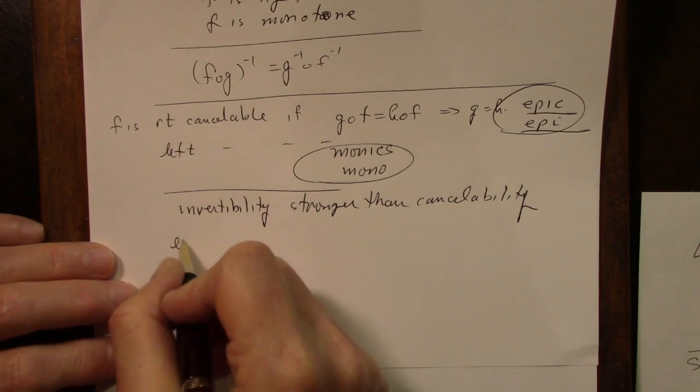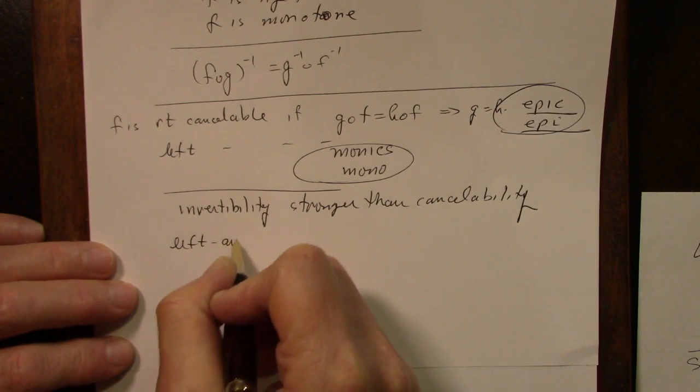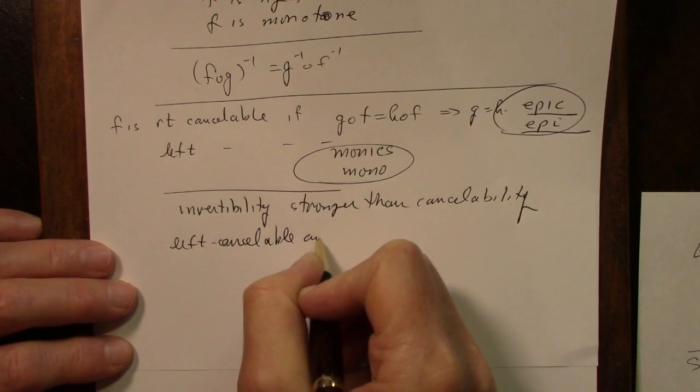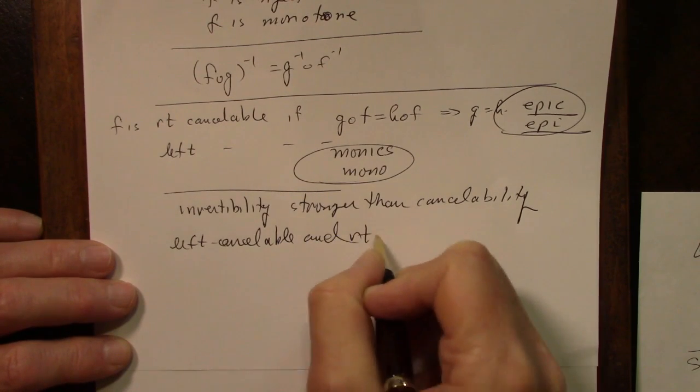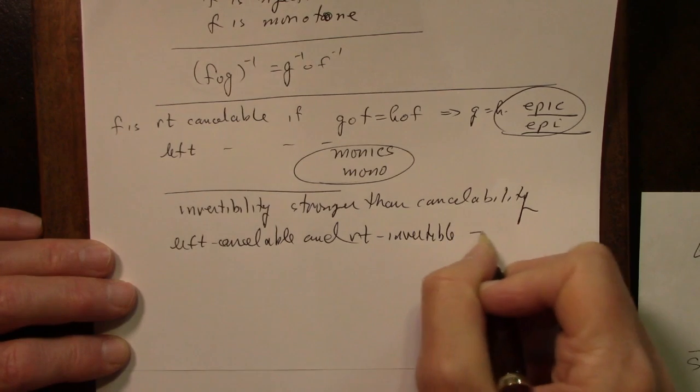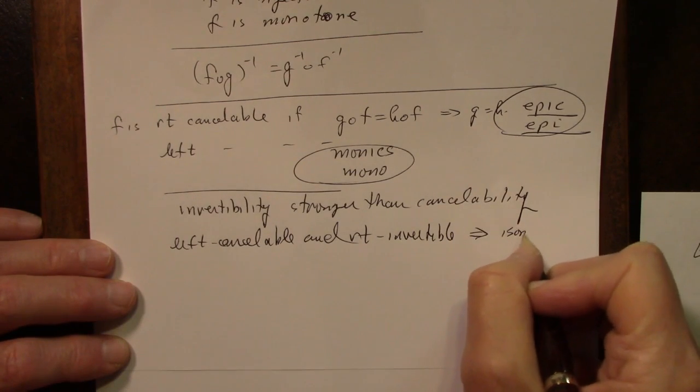So left cancelable and right invertible does imply isomorphism.